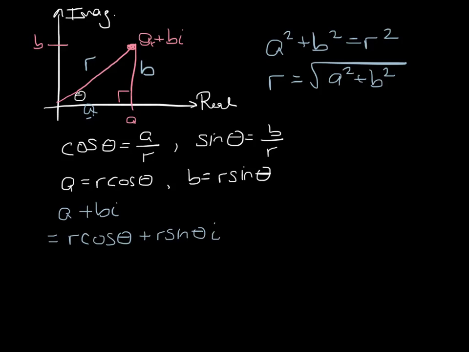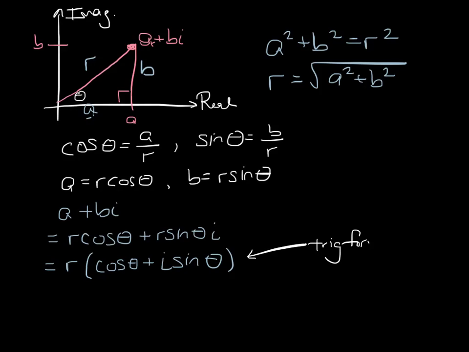Now notice that these have an r in common, so we're going to factor out the r. So we've got cos theta, and I'm going to reverse the order here, and I'm going to put the i in front of sine, i sine theta. And this here is our trig form, where this guy up here is our standard form.